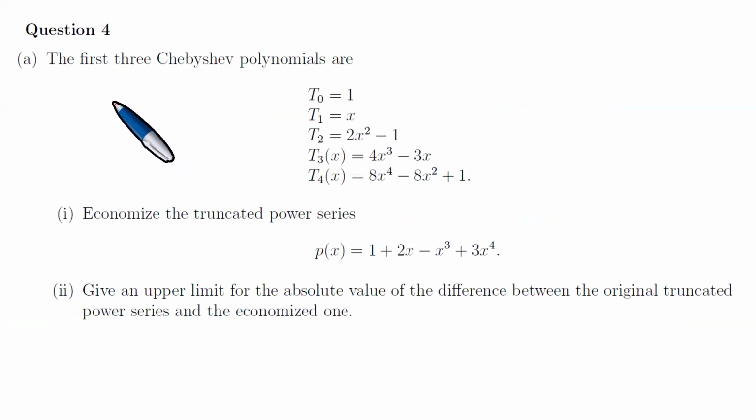Now the first 3 Chebyshev polynomials are T0 is 1, T1 is exactly x, T2 is 2x squared minus 1, T3 of x is 4x cubed minus 3x, T4 of x is 8x to the 4th power minus 8x squared plus 1.